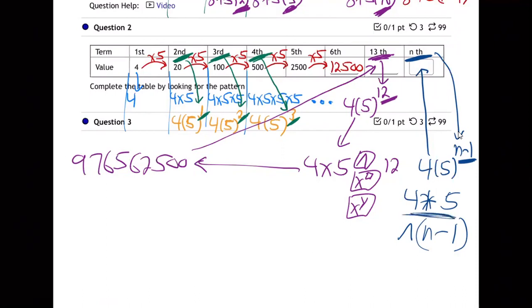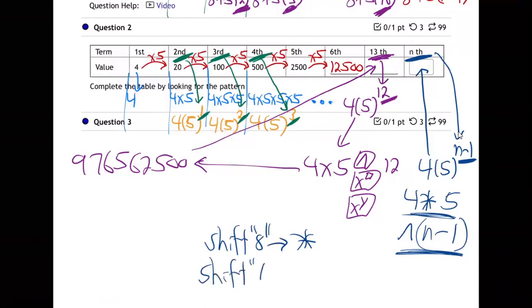And the shift 6 is the up arrow. So 4 times 5 to the power of n minus 1, and I do believe you need parentheses around the n minus 1. I might be wrong, but it's always safe to do that. And so there it is. There's the pattern on number 2.